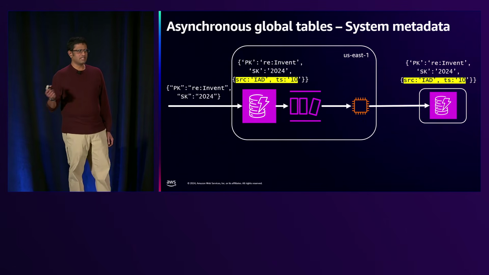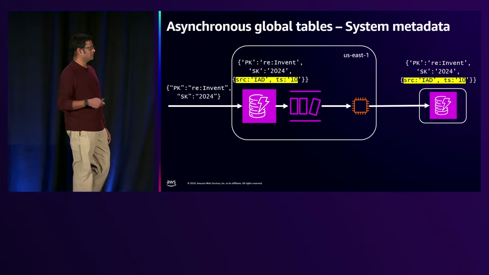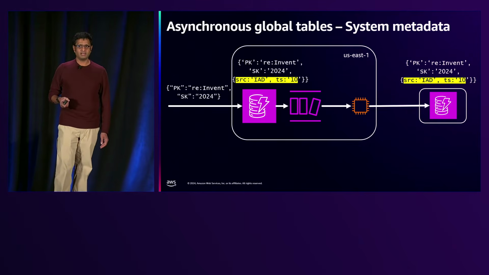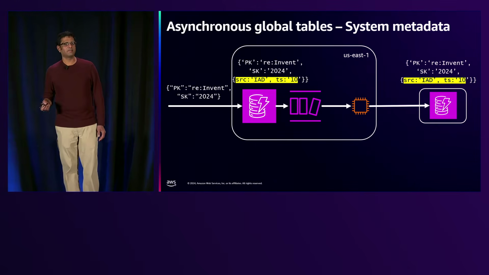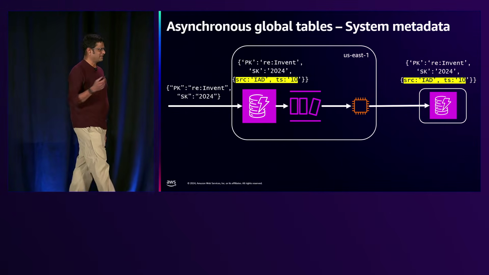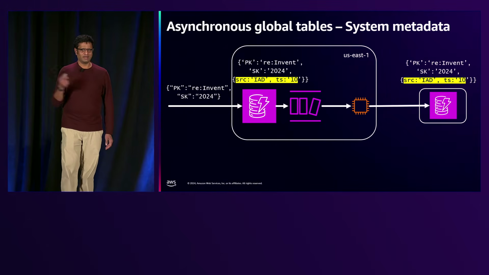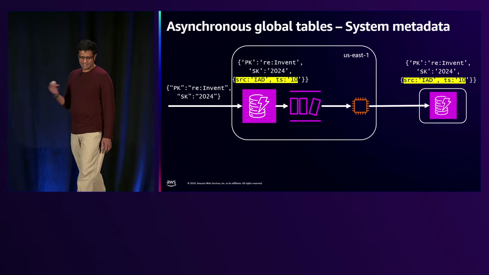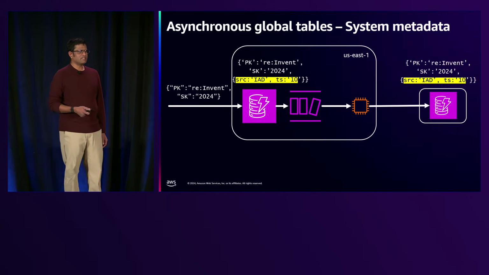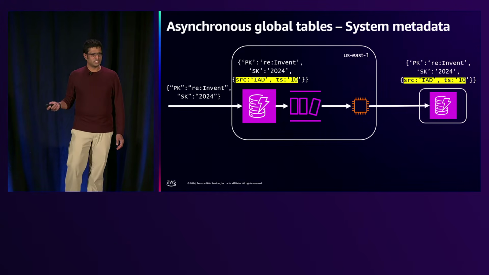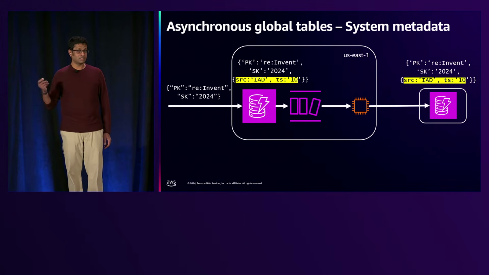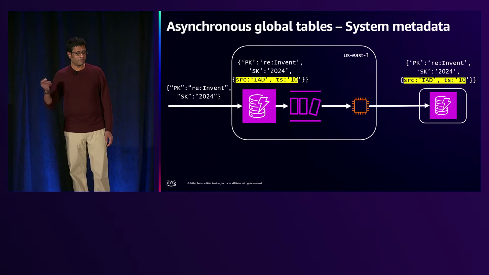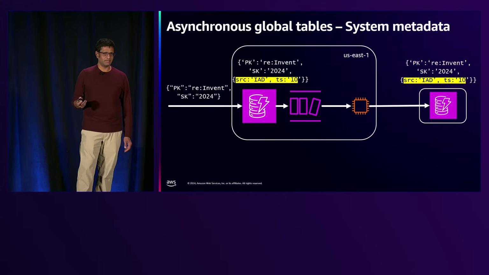When DynamoDB receives a write request for a particular global table replica, it stamps this write request with 2 pieces of metadata. Metadata is stored as an internal attribute which is not visible to external customers or external applications. The 2 pieces of metadata are the source region in which the write was written and a timestamp at which the leader replica received this write.